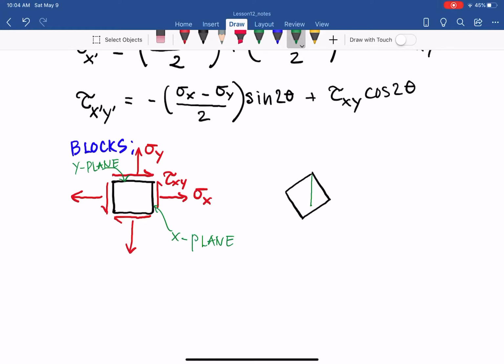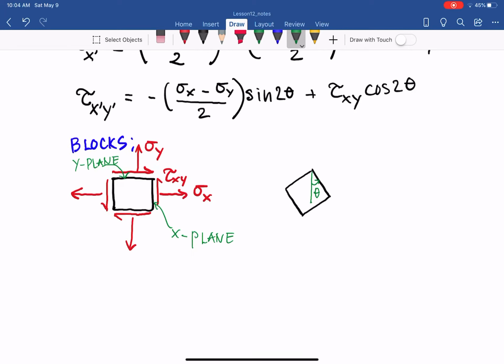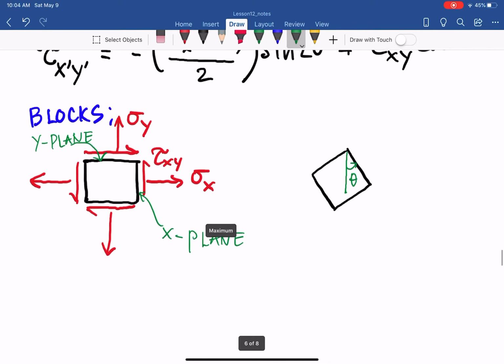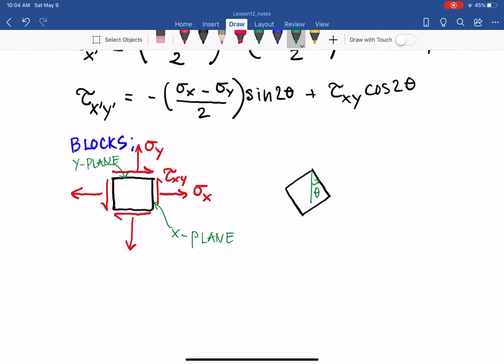Now the plane goes that way, and theta is the angle from the original plane to the new plane when it rotates. So the vertical is the x plane, and from that we have the axis and the associated normal stress going in that direction, sigma x apostrophe, because it is rotated from the vertical x plane by angle theta, in this case counterclockwise.